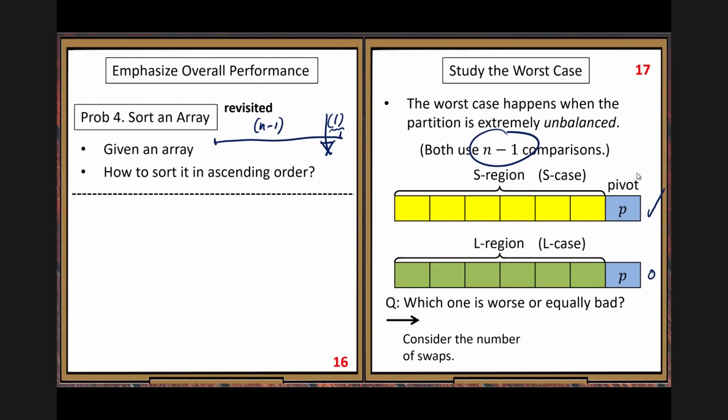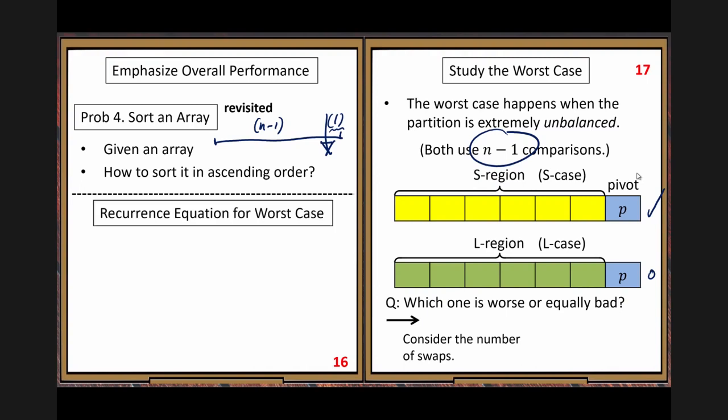You still need to do one swap operation. So both correspond to the worst case, but the lower one is slightly worse than the upper one, because you need to do a little more work. That's the point I want to convey here.